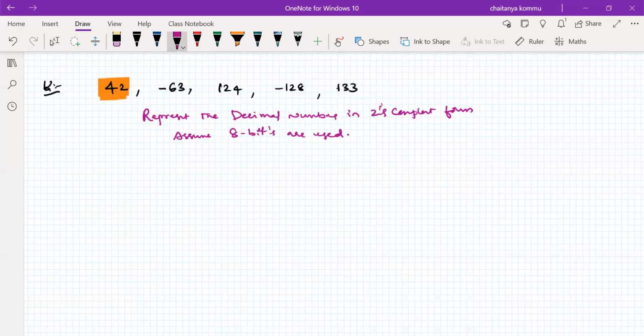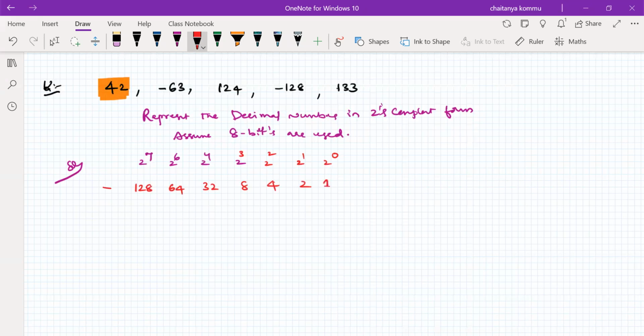With 8 bits, we have 2 power 7, 2 power 6, 2 power 5, 2 power 4, 2 power 3, 2 power 2, 2 power 1, 2 power 0. What is this value? 128, 64, 32, 16, 8, 4, 2, 1, right? These are the weight values.